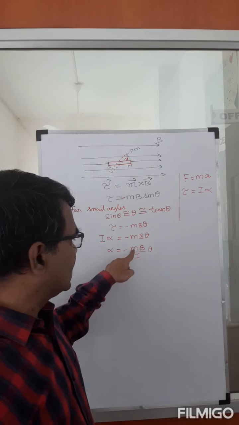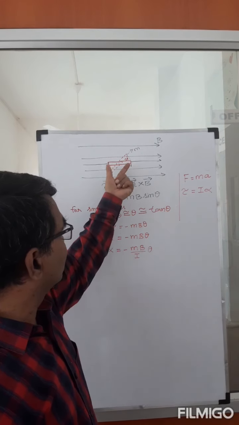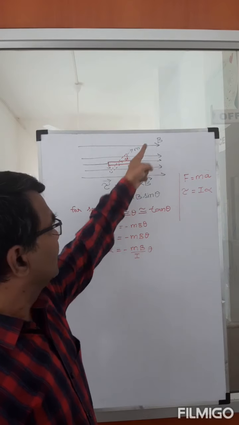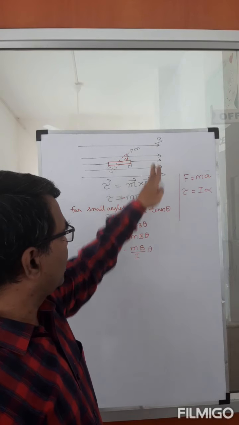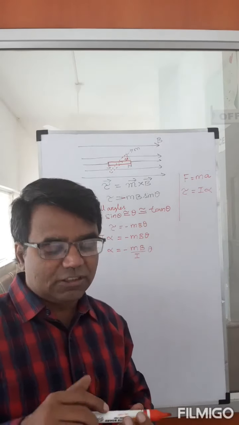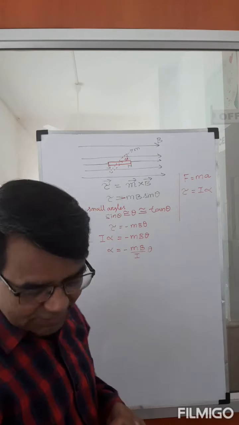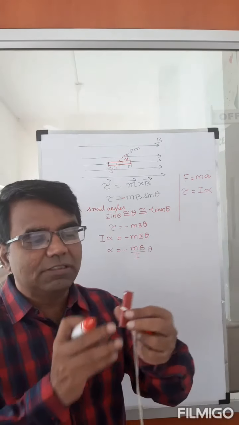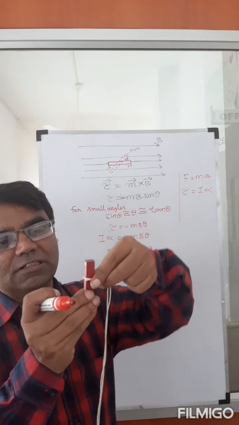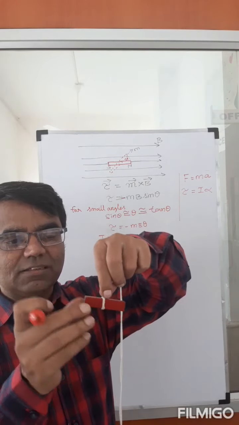Look at this. This is a constant, and B is also a constant. The magnetic moment of this magnet would be a constant. The external magnetic field at that point would be a constant. And I, the moment of inertia about the axis of rotation, must also be a constant. If I take this magnet, for example, it's going to be ml squared by 12, because the axis of rotation goes through the center of mass.